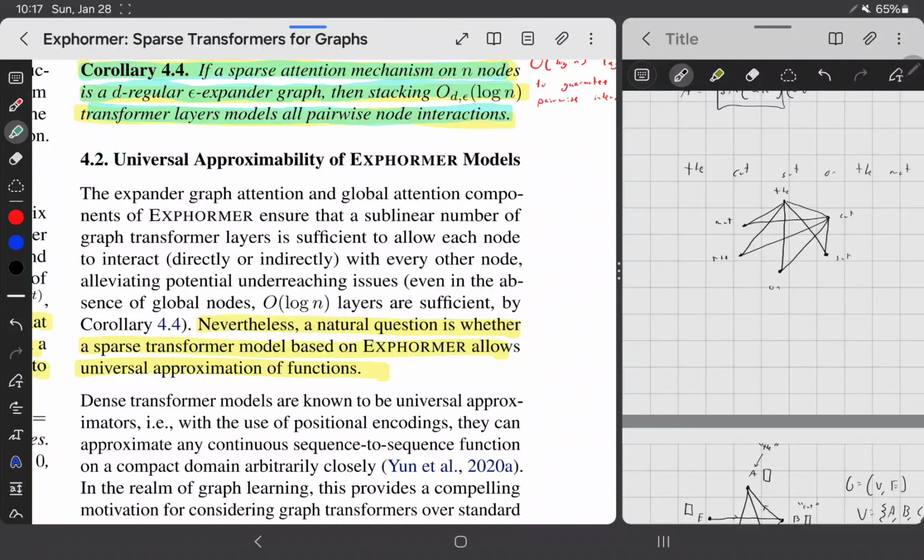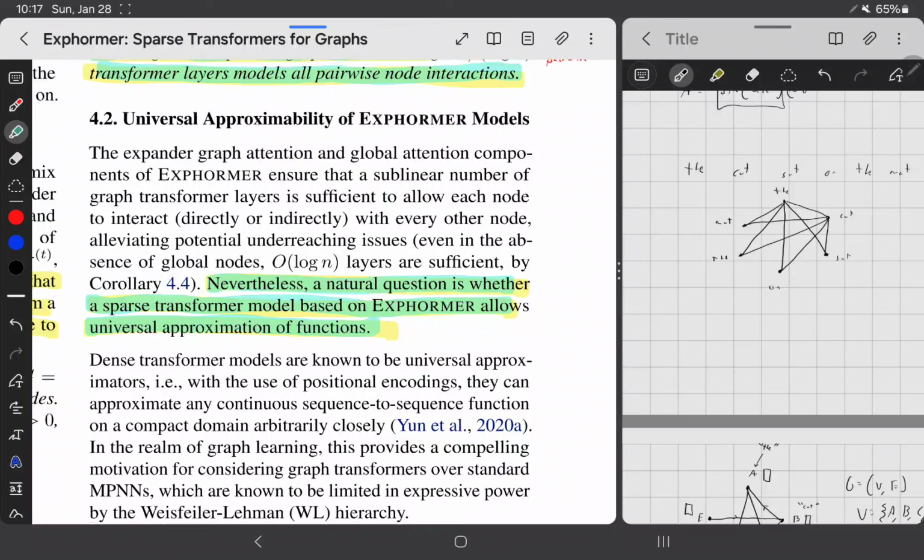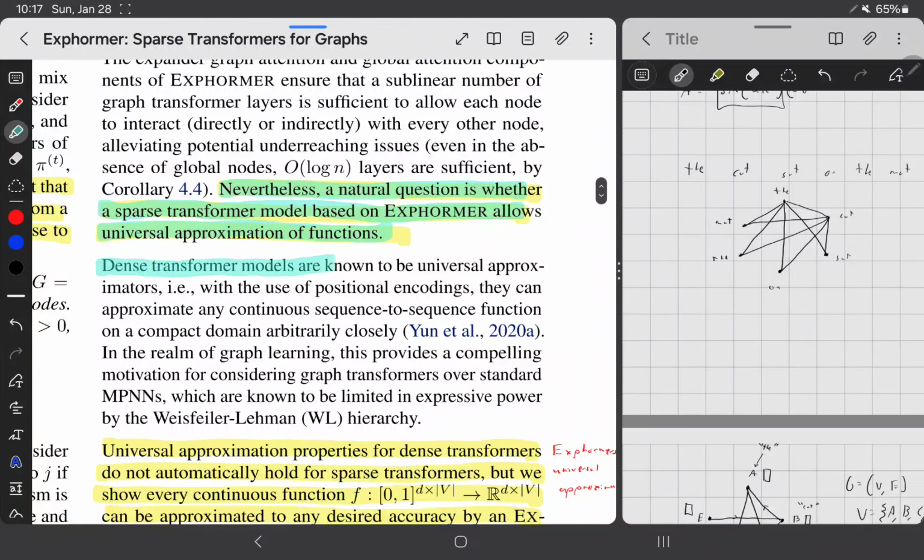So they also want to see, they say a natural question is whether a sparse transformer model based on the Exphormer allows for universal approximation of functions, and that's because dense transformer models are known to be universal approximators. So even if you can get this fully connected graph, is it a universal approximator?